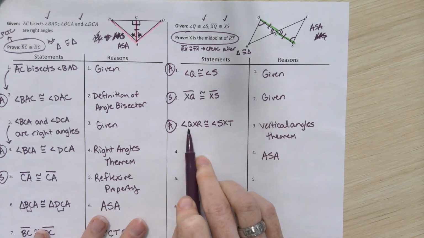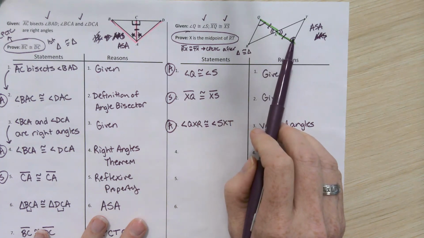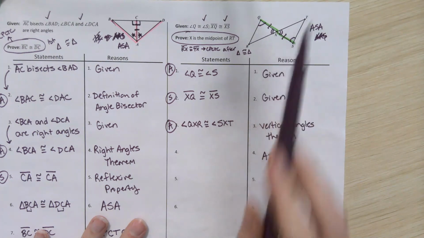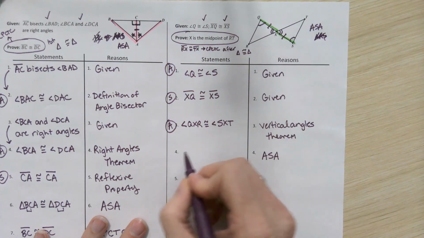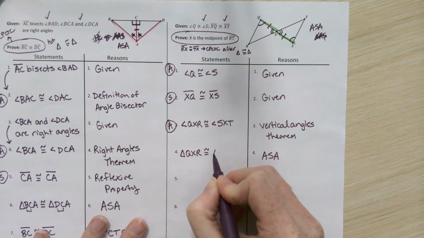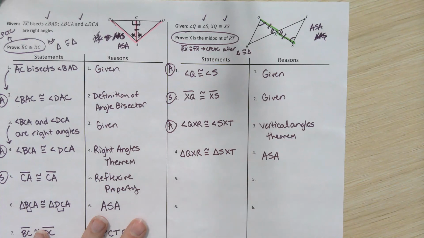Let's double check if these were set up correctly. I think I paid attention. Q corresponds to S, X corresponds to X, R corresponds to T. So if I change those angle symbols into triangles, that will work as a congruent statement for the two triangles. Again, angle side angle is what we use to show that those triangles were congruent.